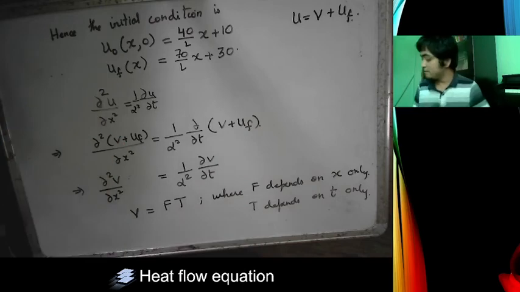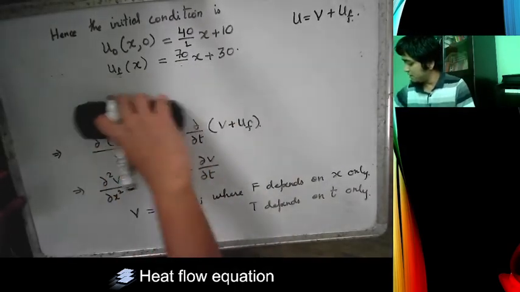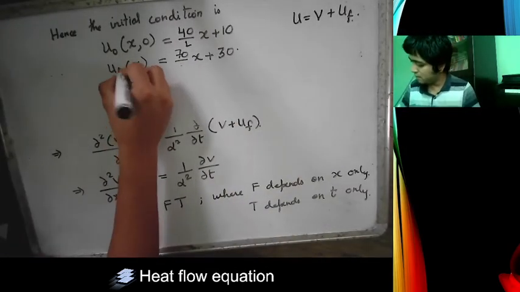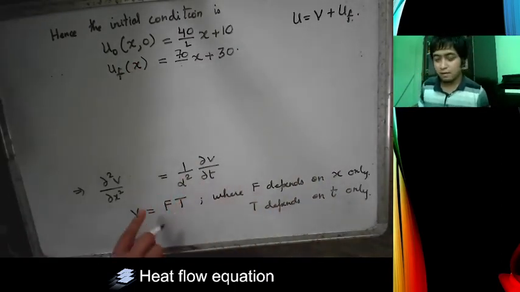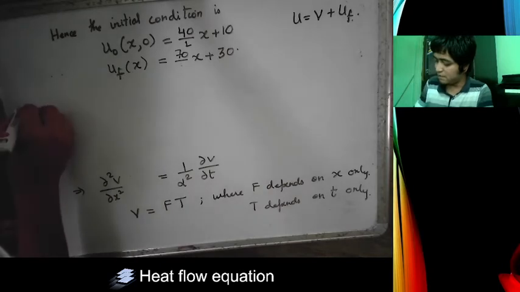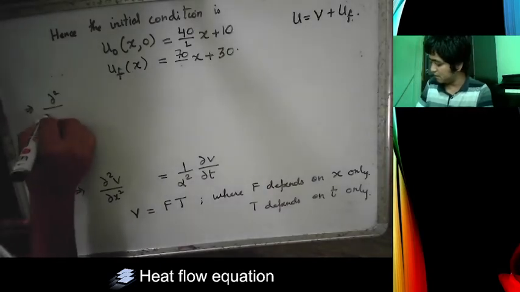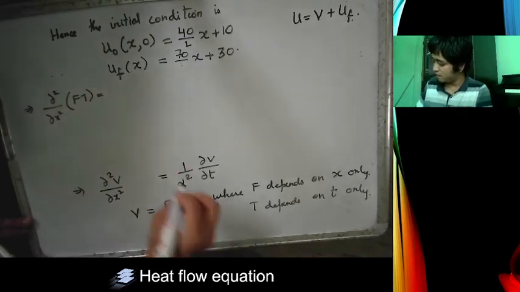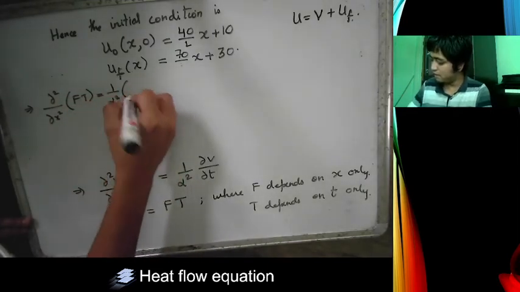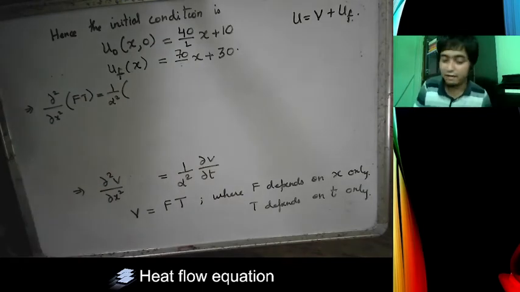After doing this, substituting in this equation, you will be having del 2 del x squared of v, which is fT, equals 1 by alpha squared del t of fT.